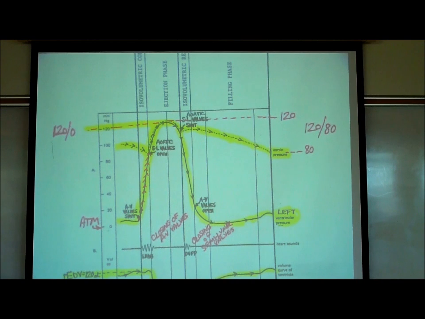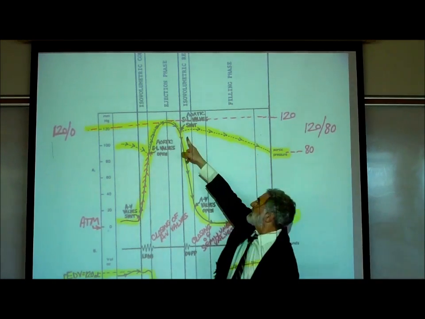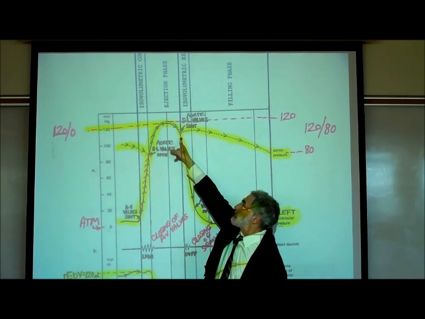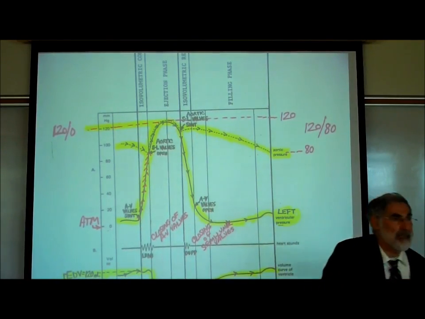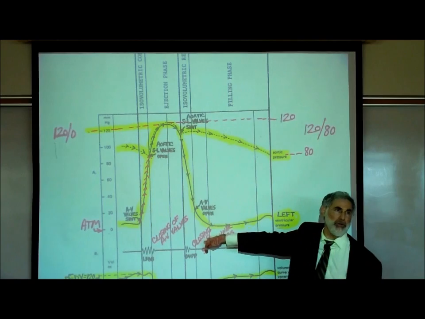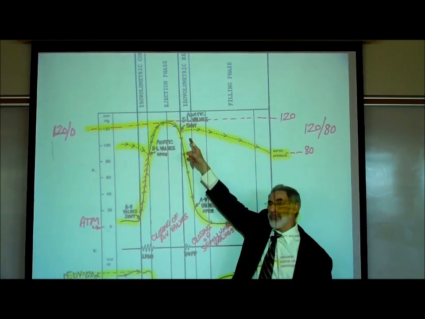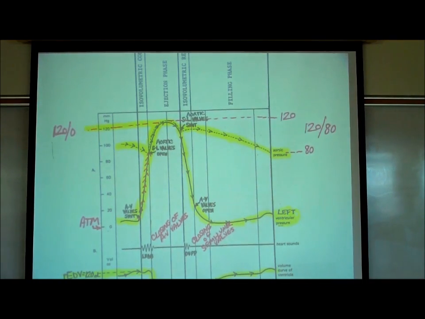Now, when the aortic valve shuts, that creates the second heart sound, right? That's the dub. And the pressure in this room, this ventricle, drops precipitously all the way down to atmospheric. Notice that the pressure in the aorta, in that hallway, is only gradually dropping.